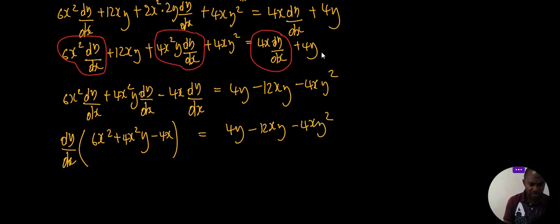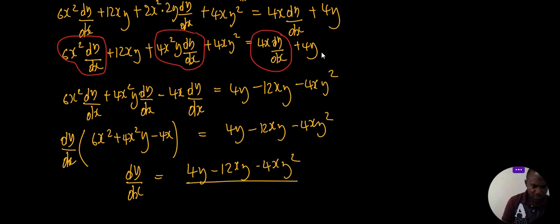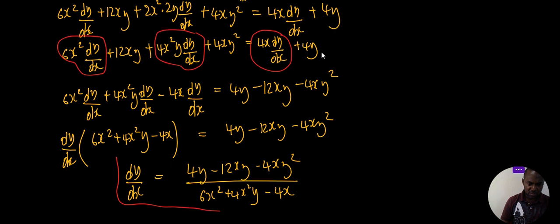Having factored out dy by dx, you can simply divide both sides by the expression inside the brackets, and so we get that dy by dx is equal to 4y minus 12xy minus 4xy squared all over 6x squared plus 4x squared y minus 4x. And there we have the derivative dy by dx of that implicit function, right? Now let's look at another example.